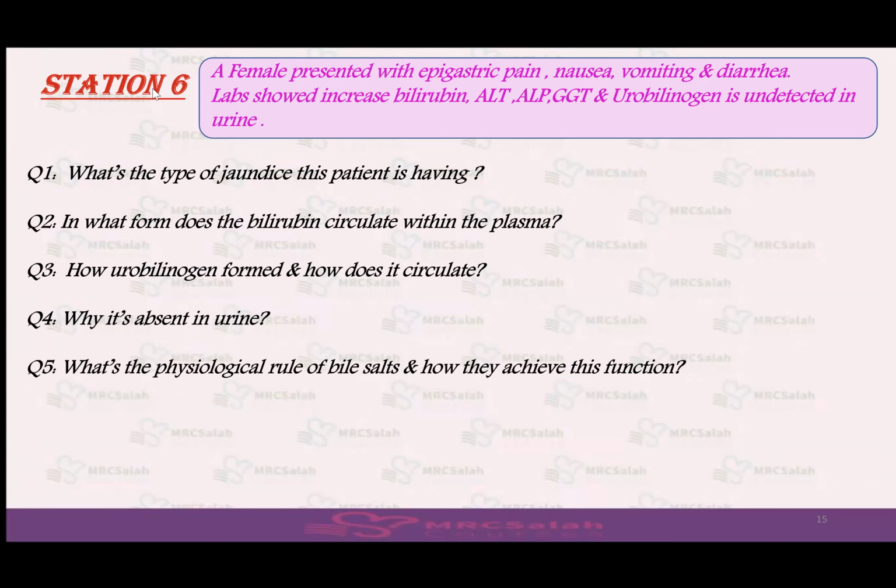Their physiological role is digestion and absorption of fat, by emulsification of fat into micelles, so increasing the surface area for action of the pancreatic enzymes. Excellent. What is bilirubin conjugated to? To glucuronic acid.